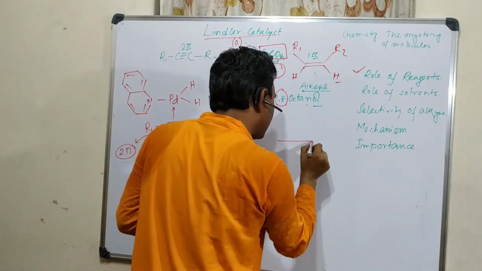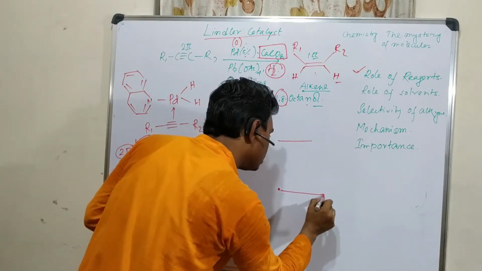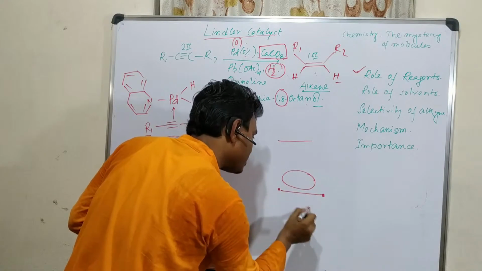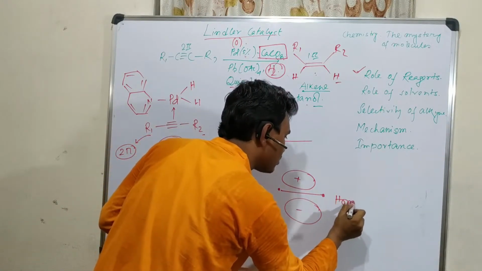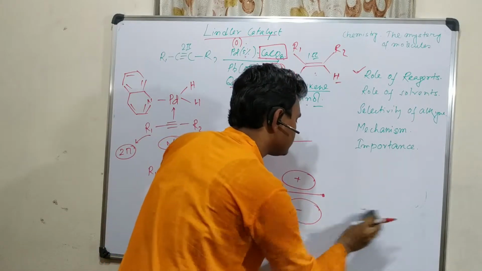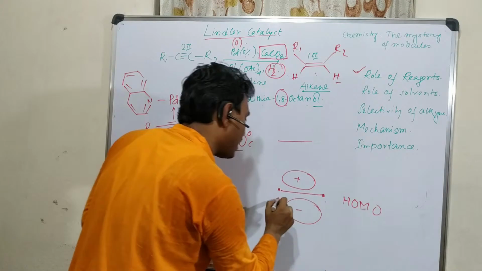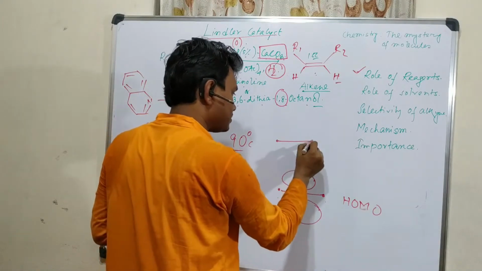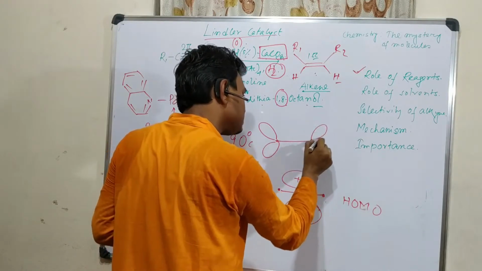If we draw the HOMO and LUMO of the pi bond, the 2p orbitals form a pi bond. This is the HOMO, positive, negative, the highest occupied molecular orbital. These are two carbons, and here also two carbons. And what does the LUMO look like? The LUMO looks like this.